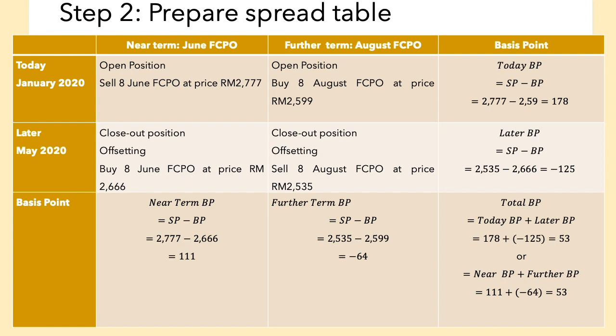If you want to calculate basis point based on types of contract, you can calculate near-term basis point based on column. So selling price for June is 2777 and buying price for June contract is at 2666. So 2777 minus 2666, you get 111.